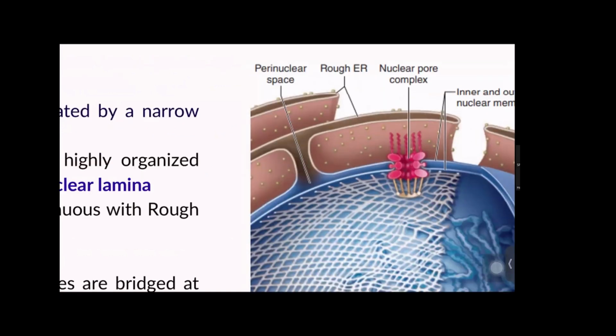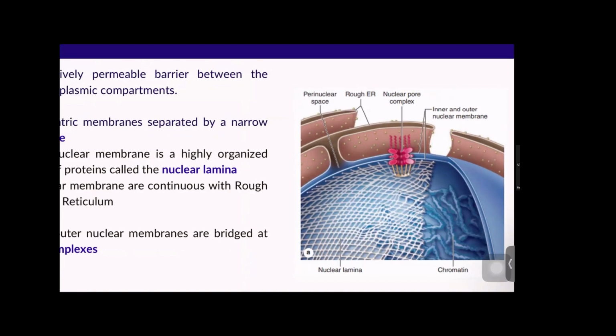The inner nuclear membrane, class, is lined by a highly organized meshwork of proteins called the nuclear lamina. Our nuclear lamina stabilizes our nuclear envelope. And for our outer nuclear membrane, it is continuous with the rough endoplasmic reticulum.